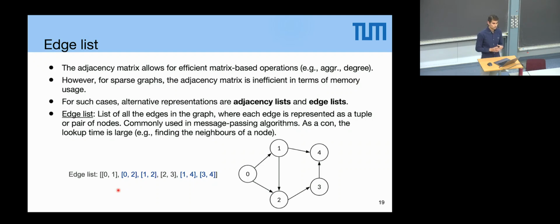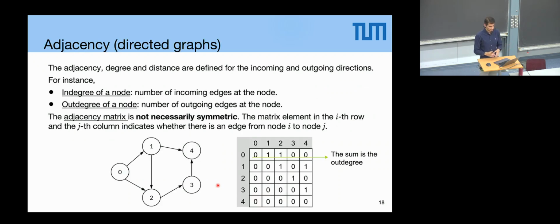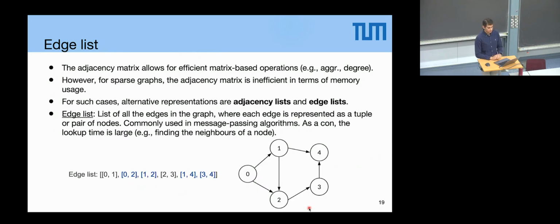For instance, if we want to find the neighbors of node 4, we will need to go through the whole edge list. So the time complexity scales linearly with the number of edges, whereas with the previous representation with the adjacency matrix, if we want to check the number of neighbors of node 4, we just have to check its corresponding row of columns, so the time complexity is equal to 1.